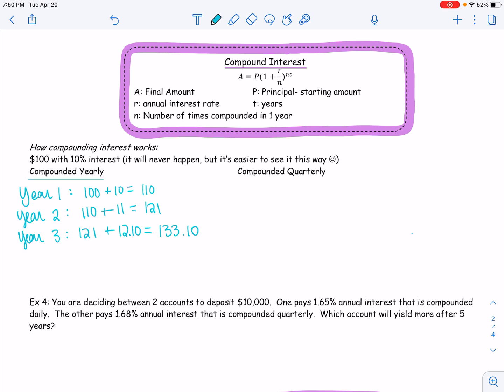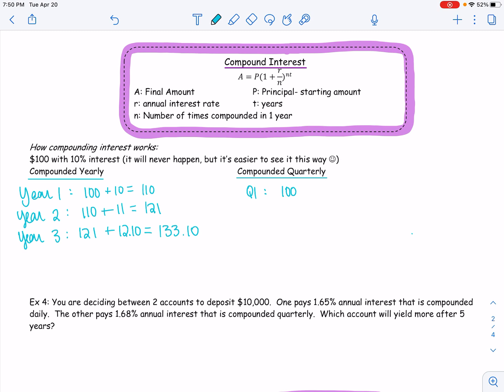So now let's look at compounding quarterly. Well, quarterly means 4 times a year, right? So every 3 months is a quarter. That's 4 times a year. So in quarter 1, I'm going to start with my $100. Now here's the trick with compounding quarterly. Because you're compounding every quarter, you're not getting your whole 10% interest.